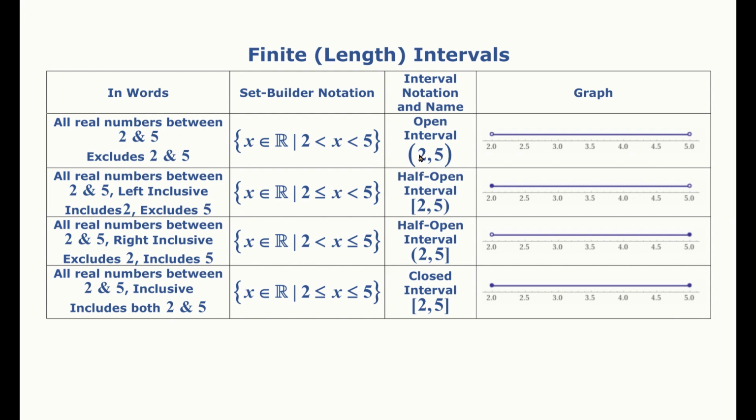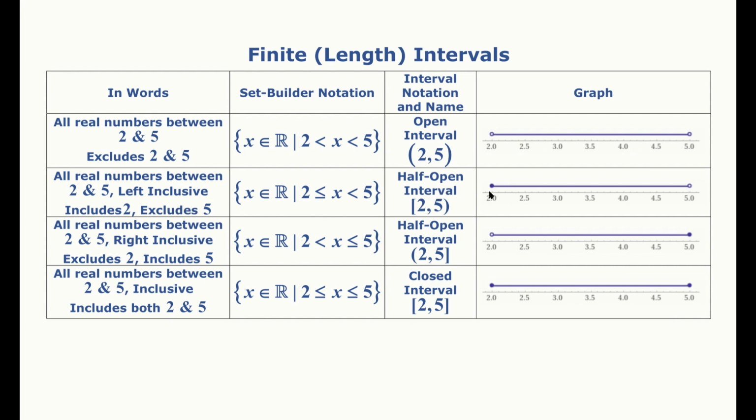Notice that if both endpoints are excluded, that becomes an open interval. It has to do with the fact that when you represent it graphically, we use those open circles, right? So this one, notice when one endpoint is included and the other is not, we call this a half open interval.